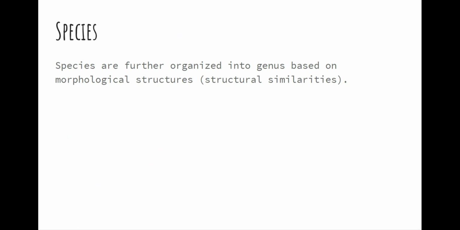So now we're going to jump down to species. When we are naming in taxonomy, it's really important to understand that what we are getting at is the genus and the species of the animal. Species are further organized into their genus based on morphological structures, meaning structures on them that are similar.